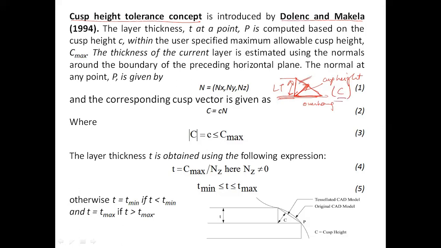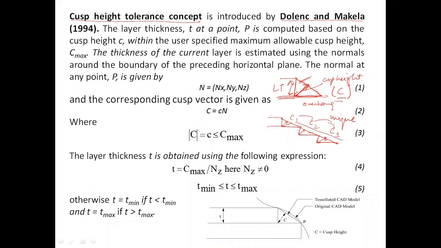Suppose there is a figure like this, so there are going to be three triangles, and each triangle will have its own cusp height: C1, C2, C3, and each value will be unique. So if n triangles are generated during the slicing process, there are going to be n cusp heights.